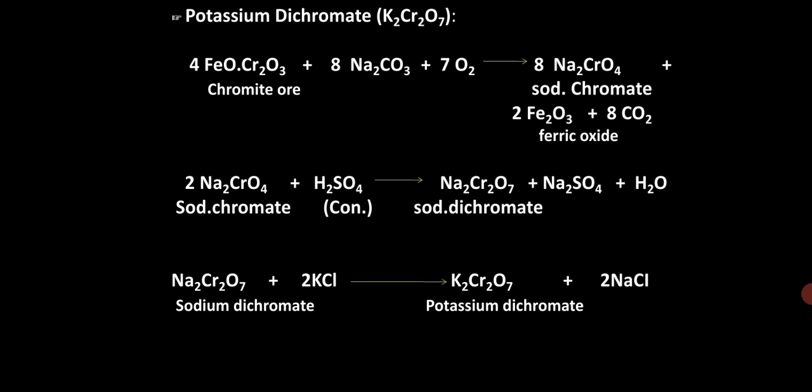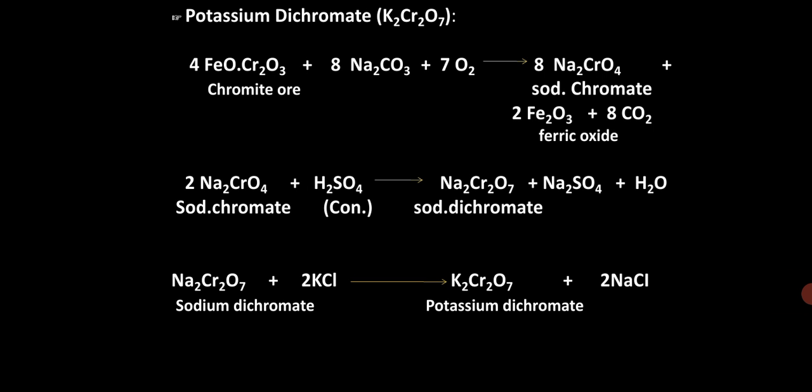You can see on the screen that chromite ore reacts with sodium carbonate in presence of oxygen to form sodium chromate. First we convert it into sodium chromate. Heating is done first, that is roasting.